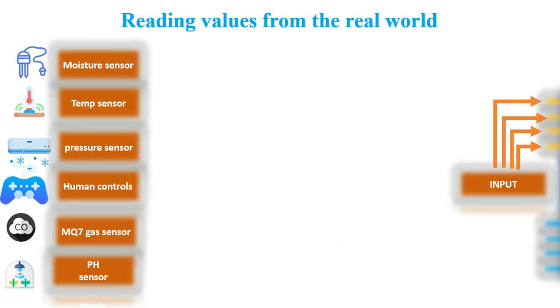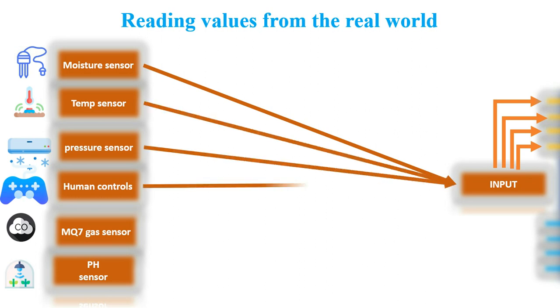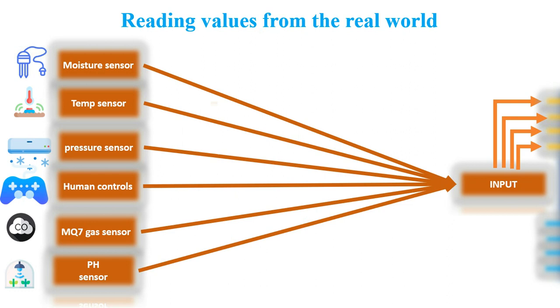Carbon monoxide can be measured using the MQ7 sensor, and pH using a pH sensor. But what happens with all these? All the values we get from the environment through these sensors go to the input pins of our controller board. This is exactly what happens.